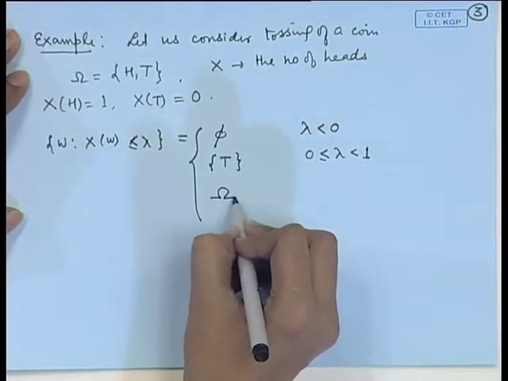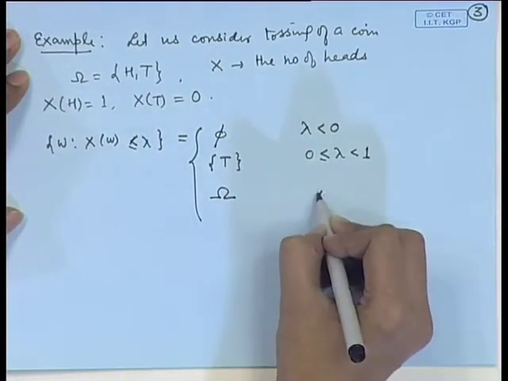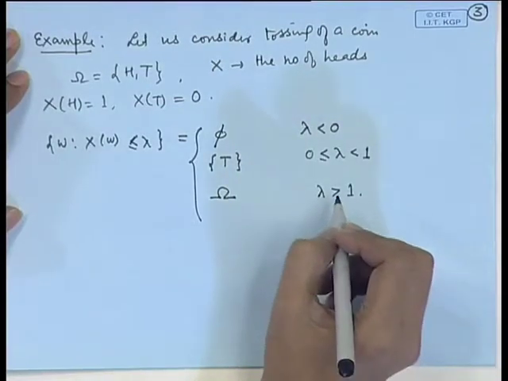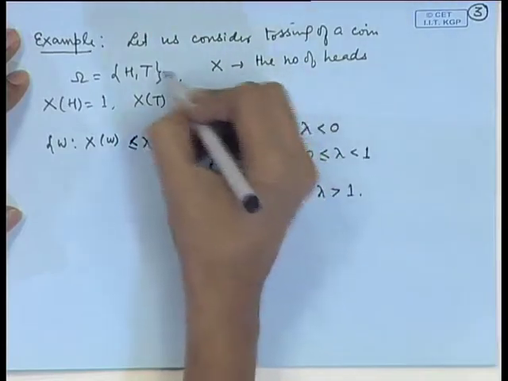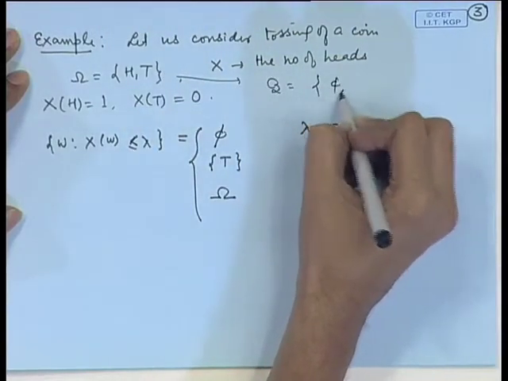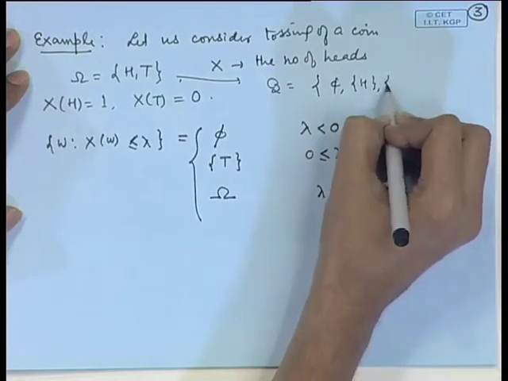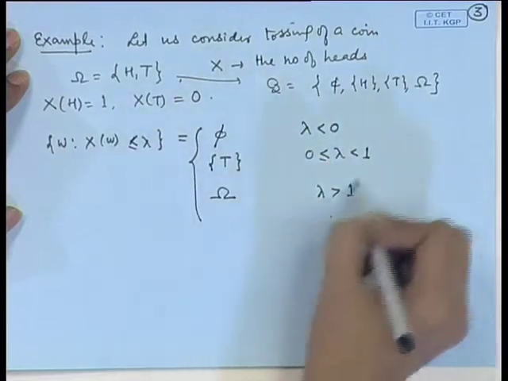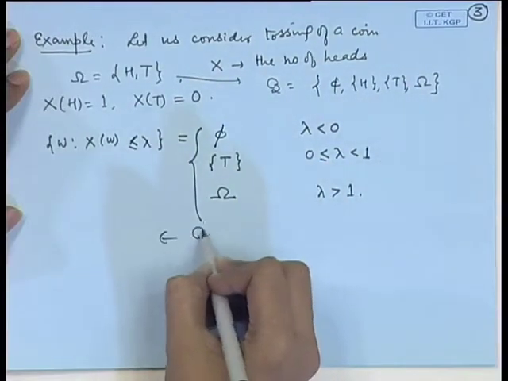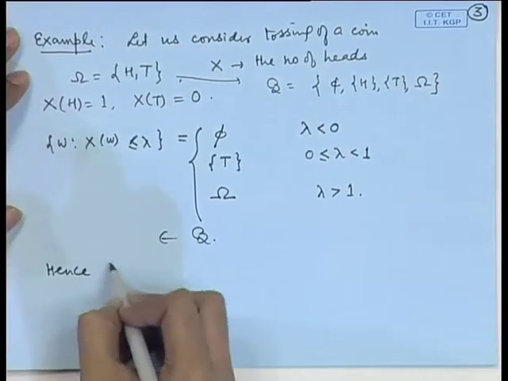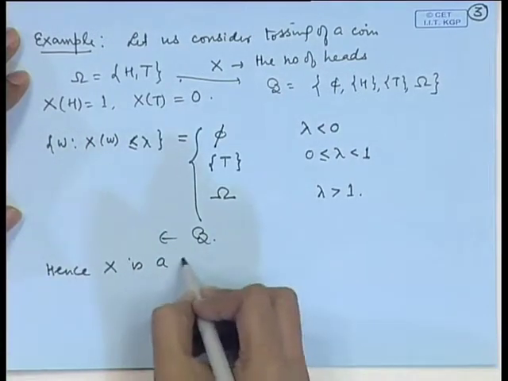So, this becomes full omega for lambda greater than or equal to 1. So, if my sigma field here consists of phi, H, T and omega, then you can see that this set always belongs to B. Hence, this X is a random variable.